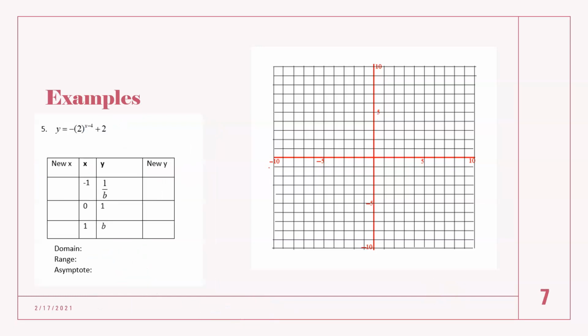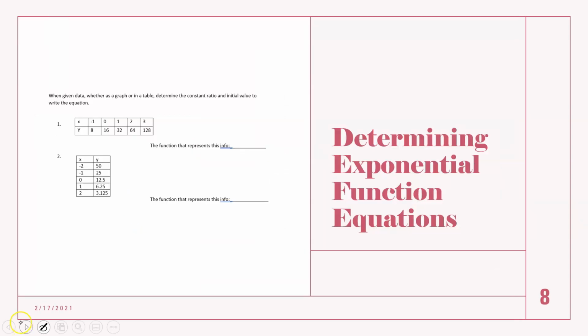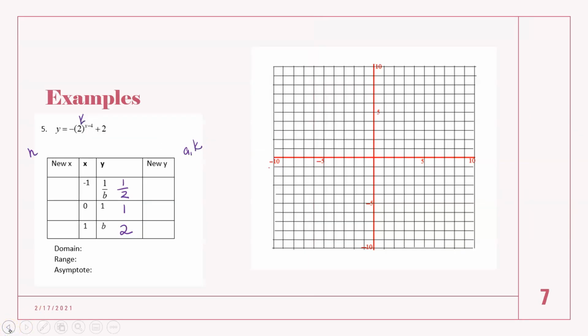All right. Number 5. So the H is over here, the A and K here. Our base is 2, so I have 1/2, 1, and 2 that we're going to work with. So we have an H and we have a K. Our H is -4, so I'm going to add 4.